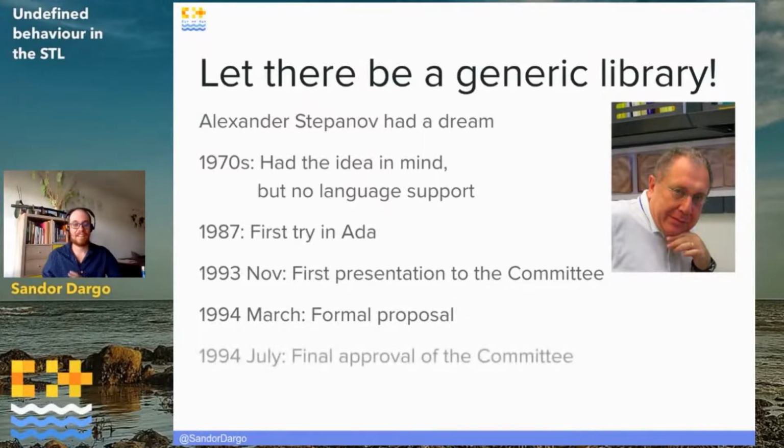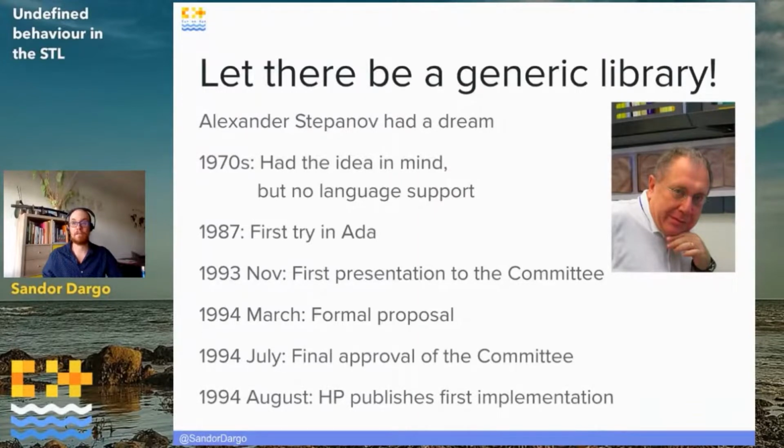And again, a few months passed, and he got the final approval of the committee. And in the next month, August, HP released the first implementation. They released it for free. They wanted fast and wide adoption in the industry, which we all know happened.